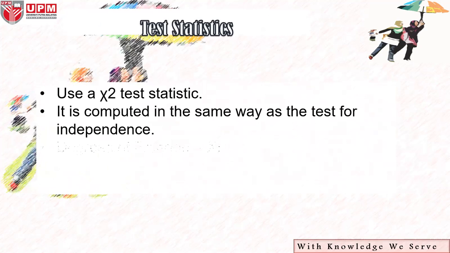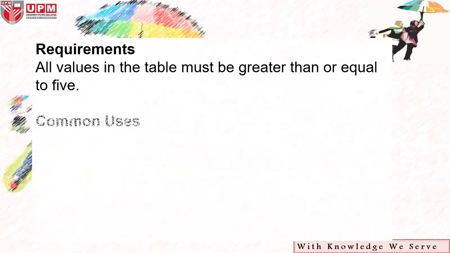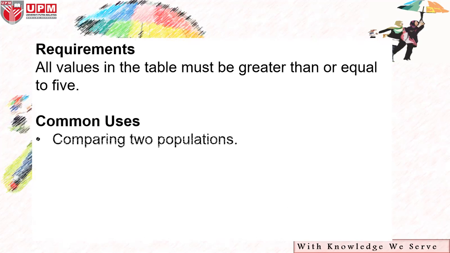Then to run the analysis, we use the chi-square test statistic, which is computed in the same way as the test for independence. The steps should be similar, but the intention is different. In terms of the requirement, all values in the table must be greater than or equal to 5, a minimum of 5 for every cell.